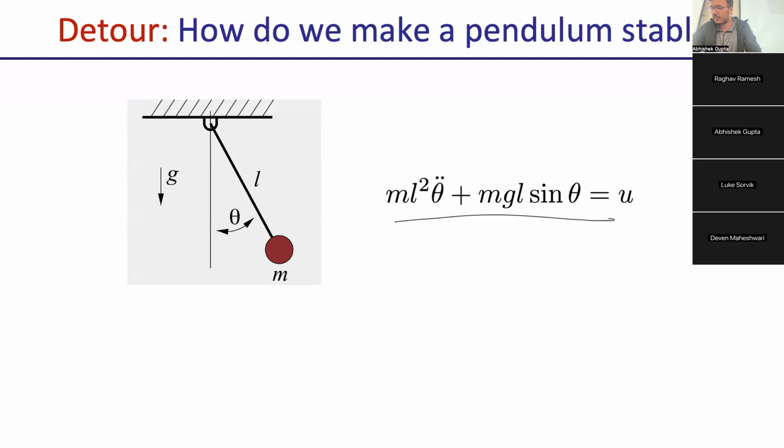If you have this kind of system, what happens if u is equal to 0? Is the system stable? Let's say it didn't start at rest. Let's say it started out here. Is that system stable? As in, will it go to the zero point and stay at the zero point in the limit?